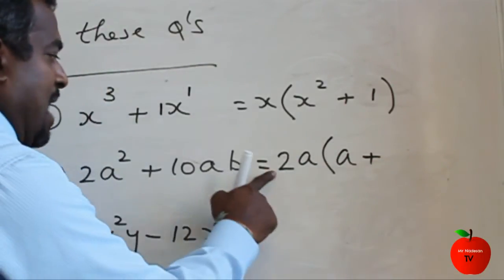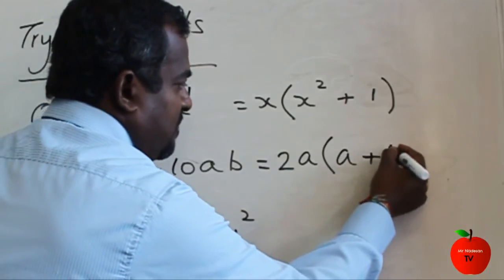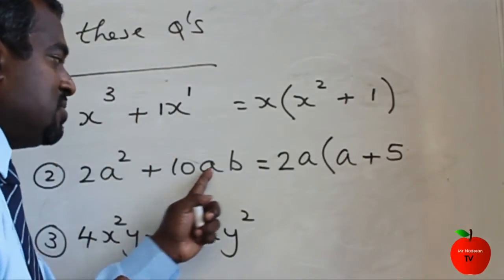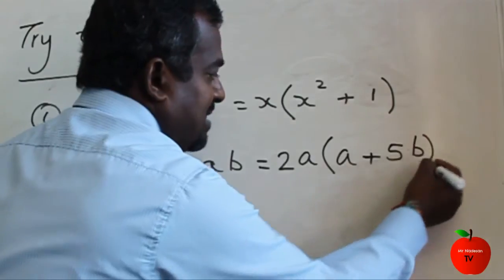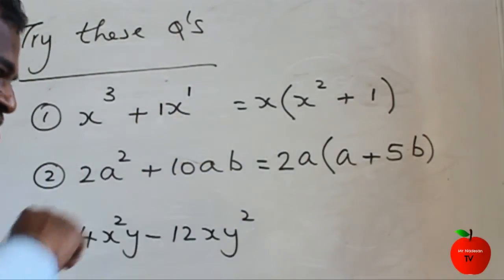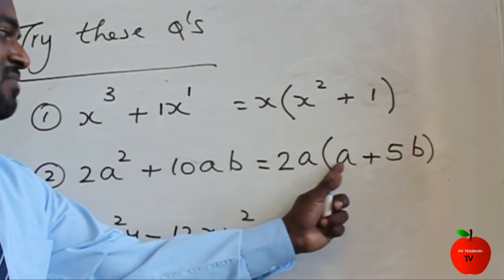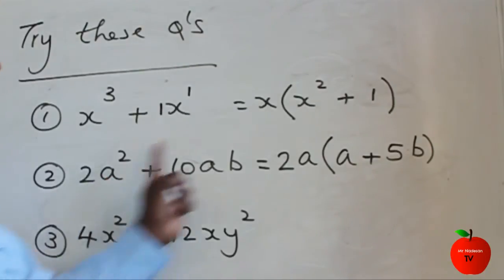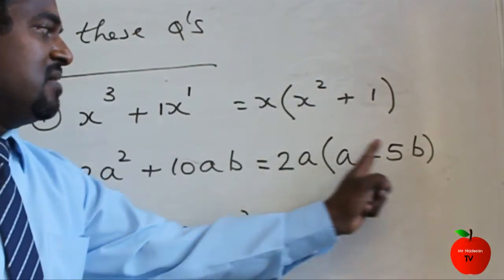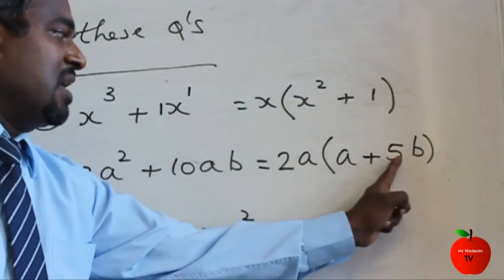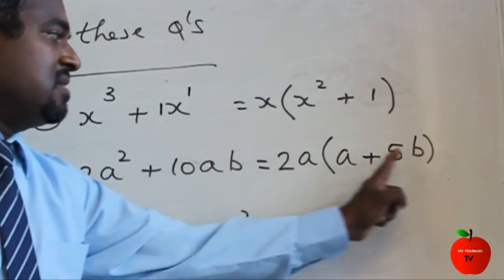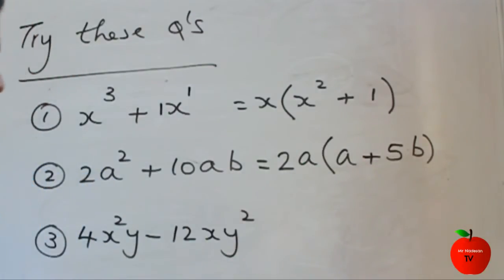Plus, how many 2's in 10? 5. You took the A out, so what left here? B, and that's your answer. Double check your answer. 2A times A is 2A squared, plus 2A times 5B is 2 times 5 is 10. A times B is AB.